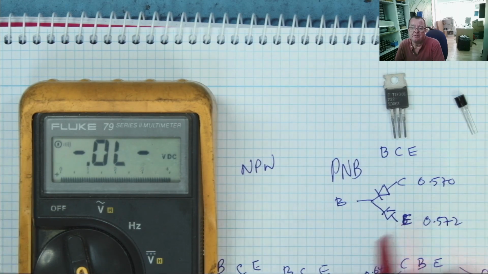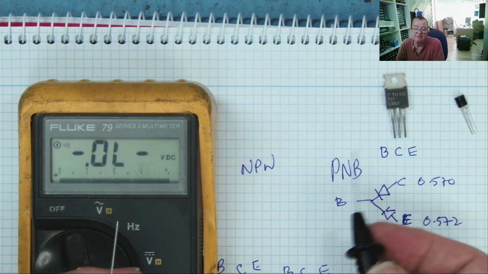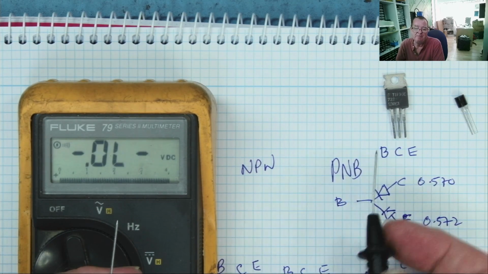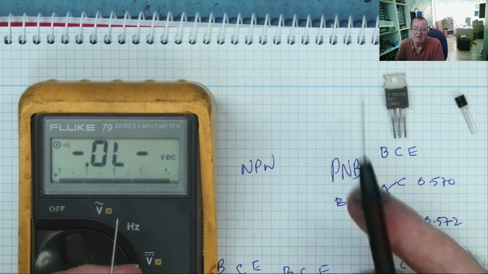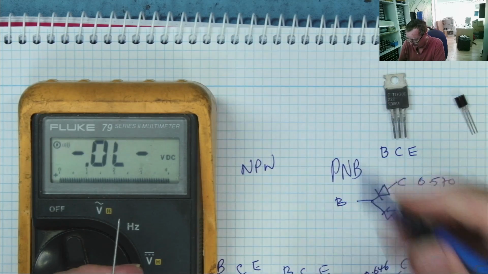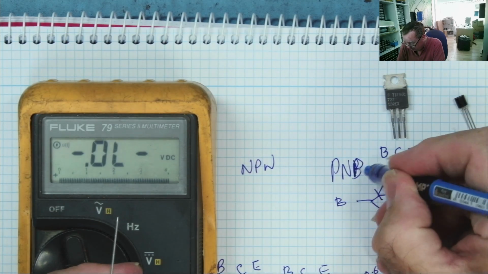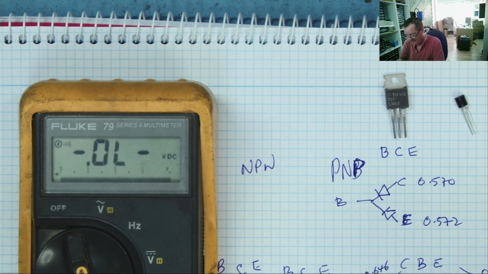If you put the black lead on a PNP, and I realise I've written B there, okay, if you put the black lead on the base, PNP, black negative, N, it should conduct. Okay? You remember the mnemonic whichever way you want to remember it, but that's the way I remember it.